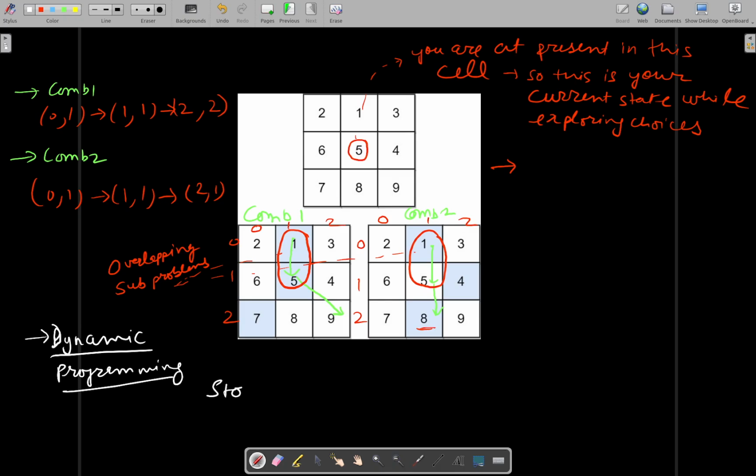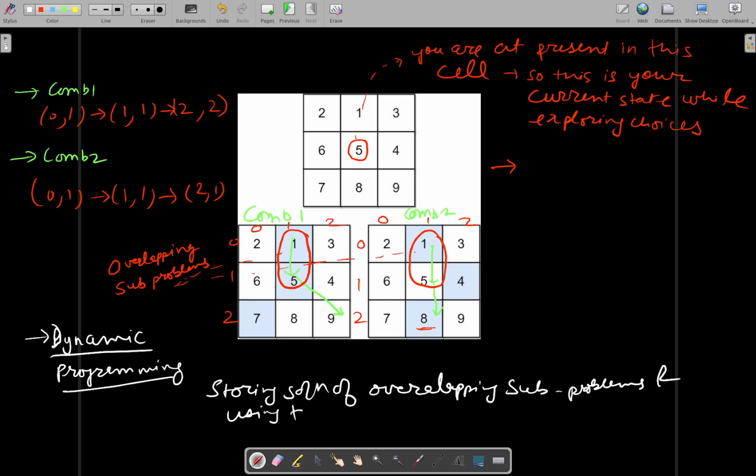So storing solutions of overlapping subproblems and using them to avoid extra work and form results of bigger subproblems.